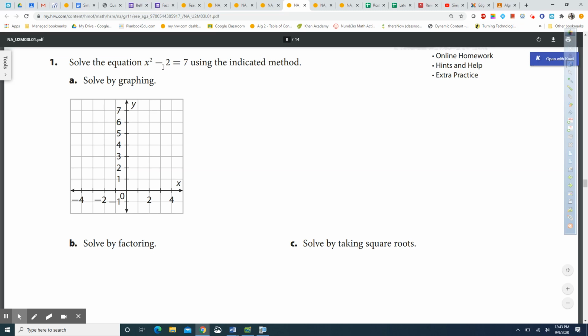I'm sorry, you won't factor out your 2 there. That's the next problem. But you'll be able to factor that and solve it and get your same answer. Then you can also just add 2 to both sides and take square root. You're good there. So it's taking the same equation, doing it 3 different methods. You should have the same answers, right?